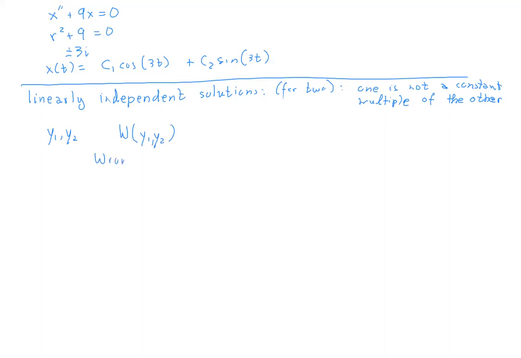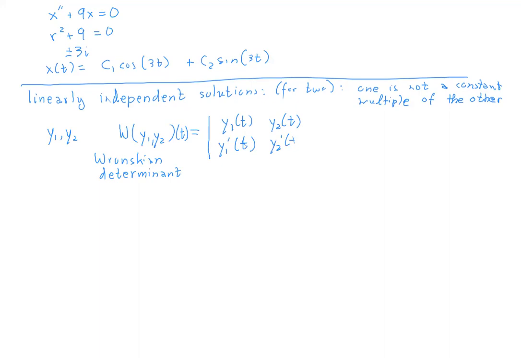So this is called the Wronskian determinant, where you take a determinant which has pretty much the functions, and let me emphasize that this is a determinant that depends on t also, and their derivatives.